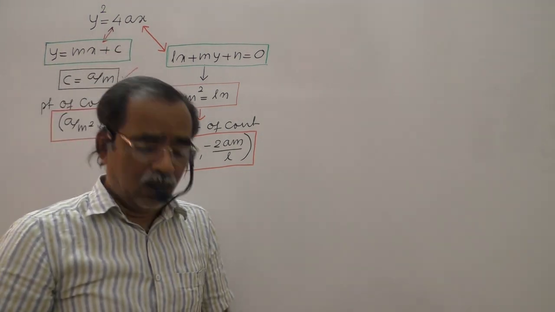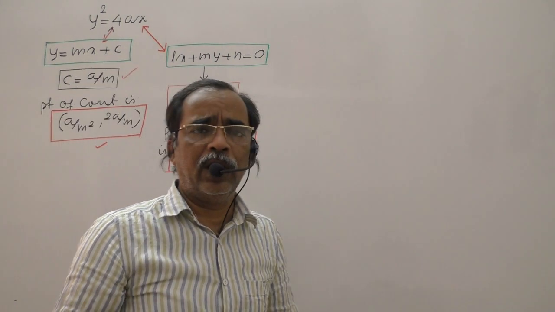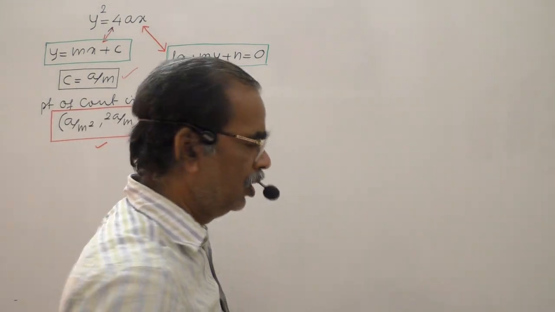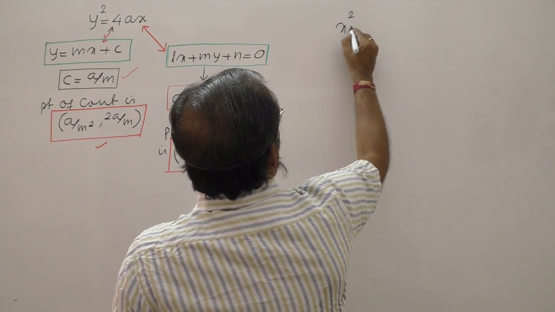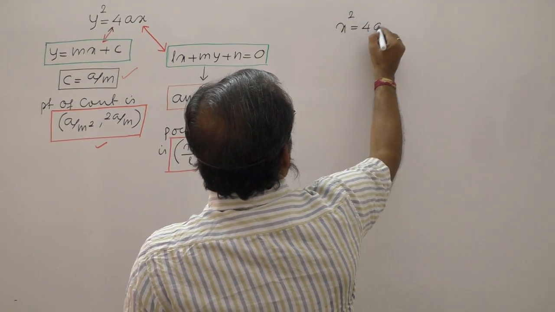Yes. Now I said there are many forms for a parabola. We will see one more form now: x square equal to 4ay.